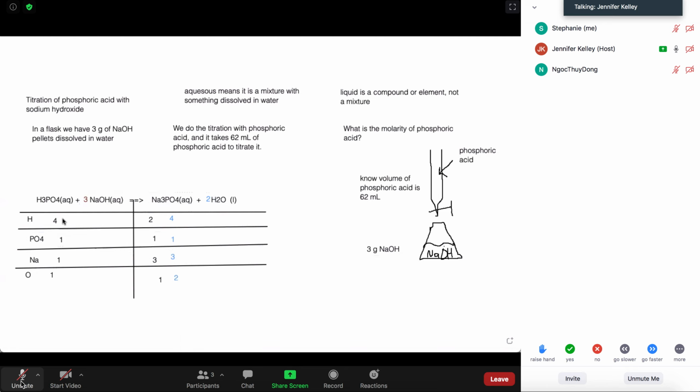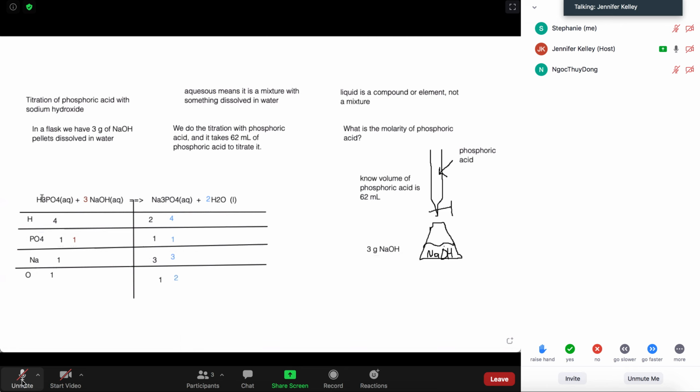All right, so I'm going to count everything over here. So still got 4 hydrogen and 1 phosphate. And, oh, you know what? I don't have 4 hydrogen anymore. I have a different number of them. All right, I will need to count that again.